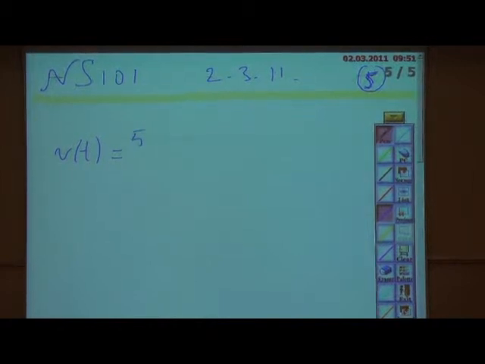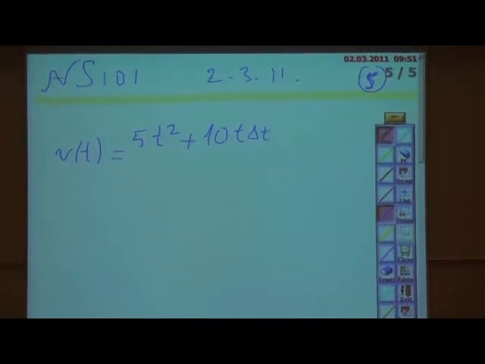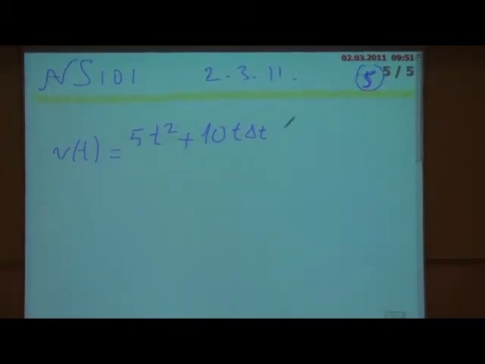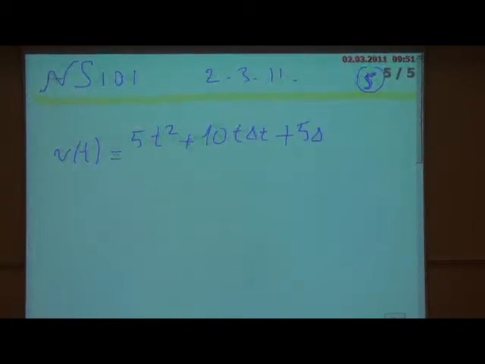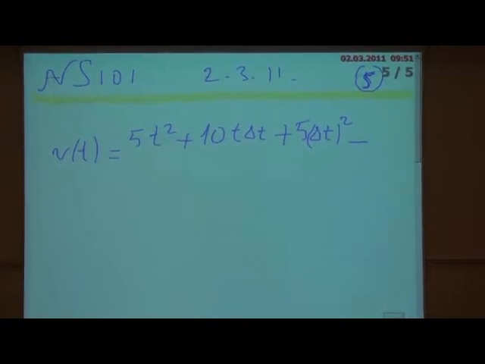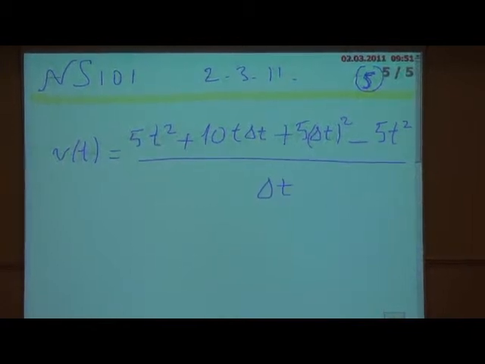I have 5t squared plus 10t delta t plus 5 delta t squared, and I had a minus 5t squared, divided by delta t, and I shouldn't forget to write the limit here because I have not done the limit yet.